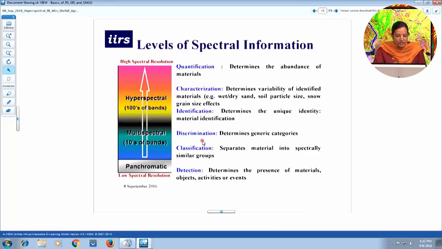Then identification of the material is possible. Then, with even more bands, you can determine the variability of the identified material, that is between wet and dry sand, soil particle size, snow grain size, and then finally you can quantify the abundance of these materials. So as the power of spectral information increases, the kind of information which you can extract also enhances.